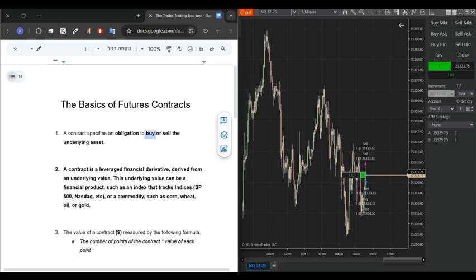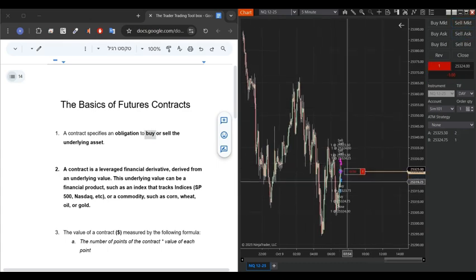Why is that? Because if I buy a futures contract, I'm buying a commitment, and if I buy the commitment, I have to fulfill the commitment and buy the underlying asset. And it's the same if I sell the financial futures contract. If I sell the futures contract, I'm basically selling a commitment. And if I sell a commitment, I have to fulfill that obligation. And how do I fulfill it? By having to sell the underlying asset that I made the commitment for.